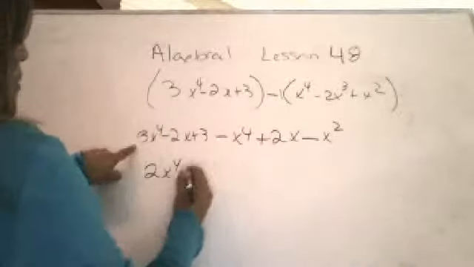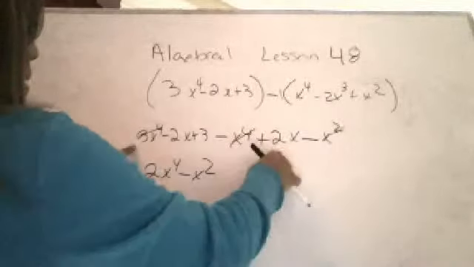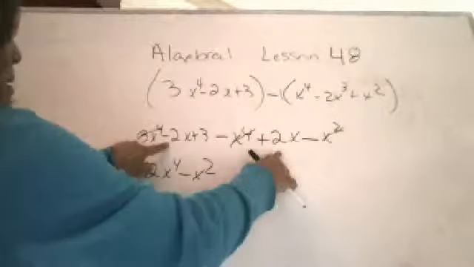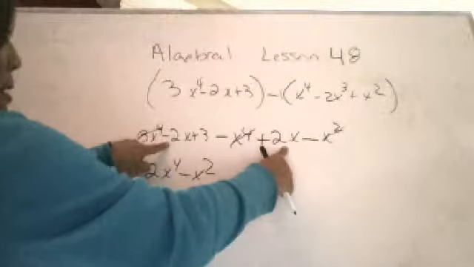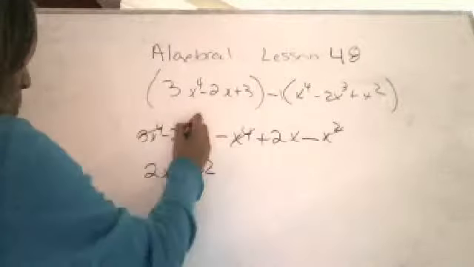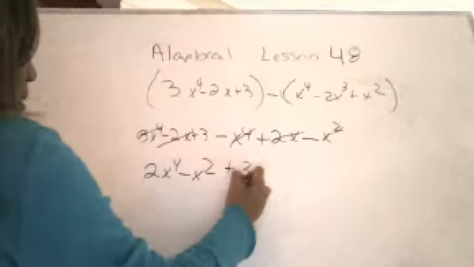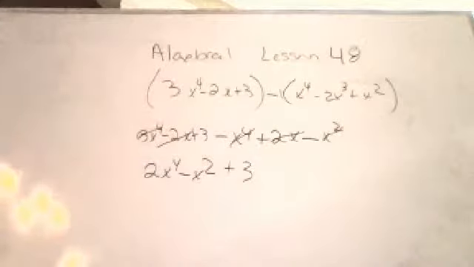Then I have an x squared all by itself. Then I have the 2x's, negative 2x plus 2x equals 0x, which is 0, so we can drop that, cancels. And then we have plus 3. And that's simply your answer.